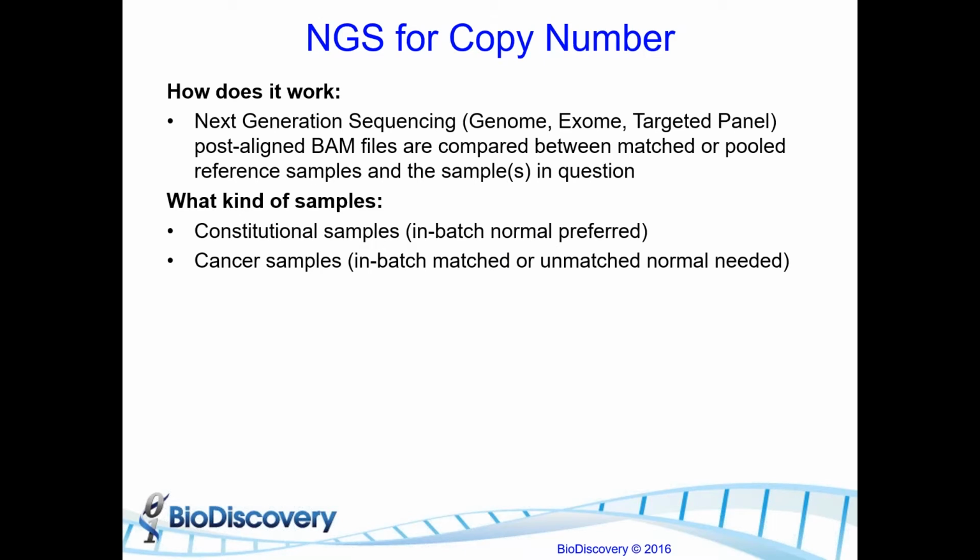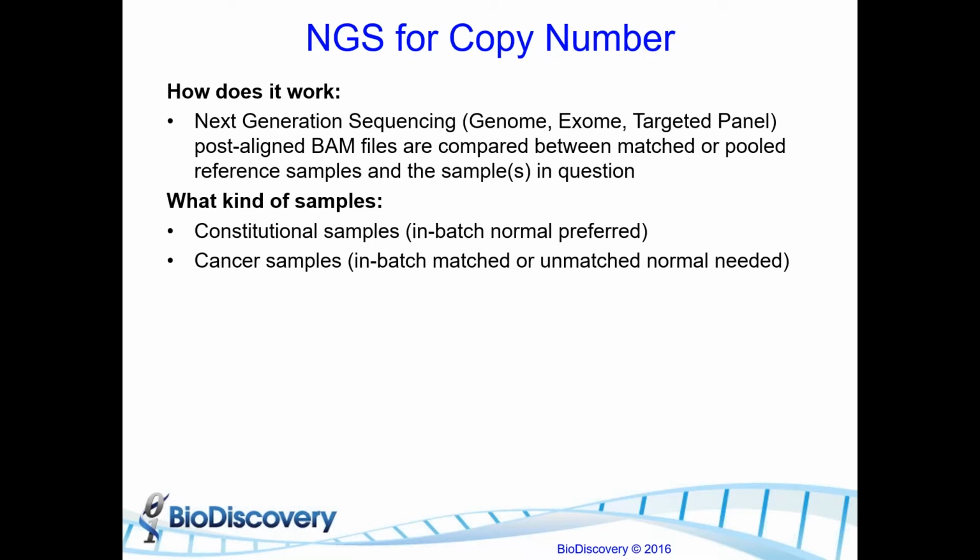With constitutional samples, we're going to want some sort of in-batch normal. This can be a set of samples that are known normals that we're sequencing within that batch of samples, or we can use the entire pool of the constitutional samples to serve as a reference that we can then compare each one individually to.